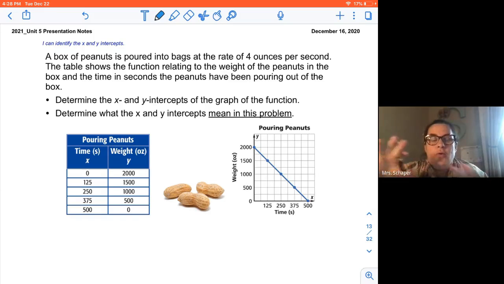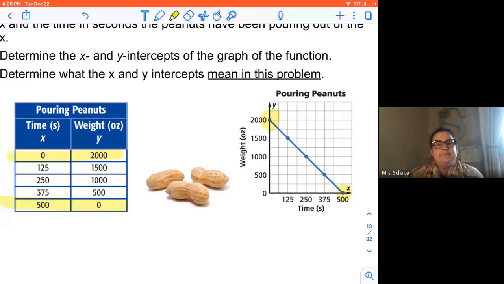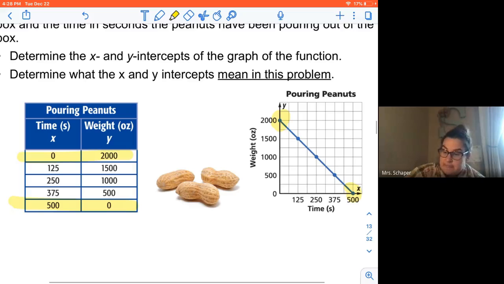Okay, so when we look at this particular graph, we want to find the intercepts. We told you to look for the zeros. So right here, there are my intercepts. I can also look at my graph, where it crosses the x-axis. And so we want to understand what that means. So the y-intercept is right here.